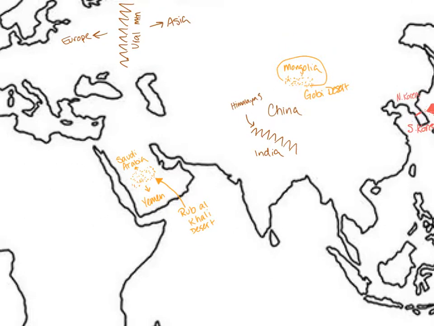South Asia. Okay, so we know that this is India, right? And to the west of India, we have Pakistan. And to the east of India, we have what country?